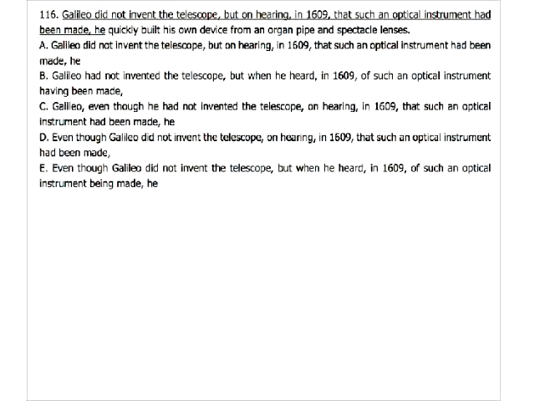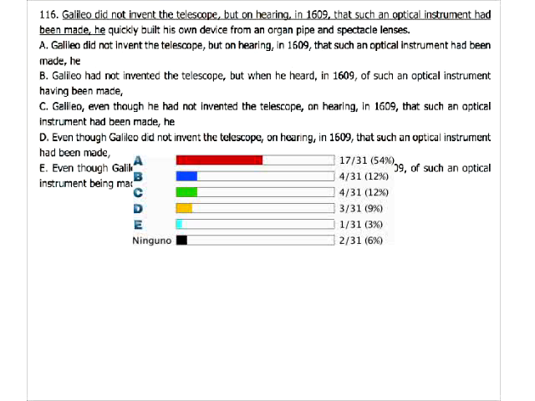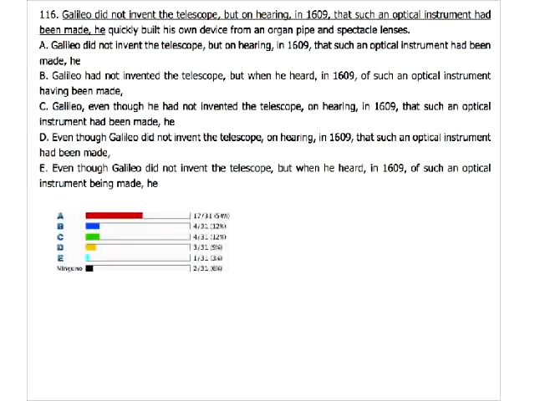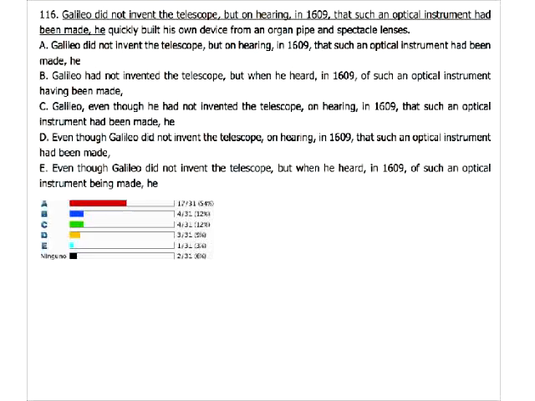So, okay, here are the statistics for the class. Again, very strong consensus in terms of choice A here. Either you guys are super all-stars or you have seen these problems, but either way, it's a nice job.